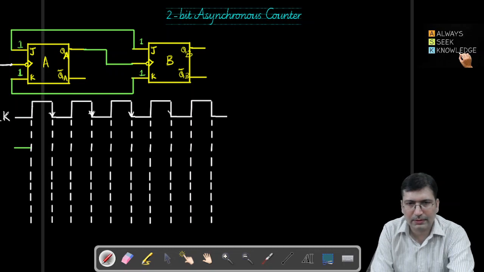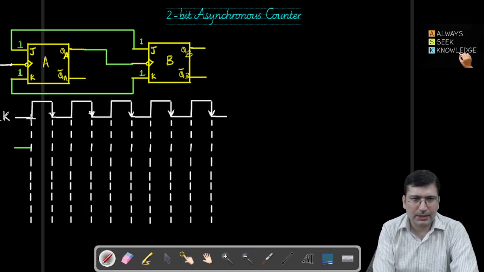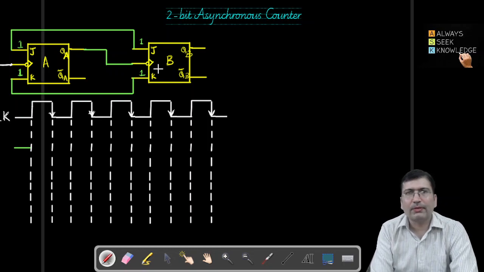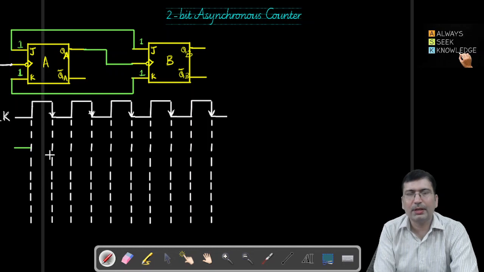This is also a negative edge. On these edges, the voltage is changing from low to high, so these will be positive edges, right? Because these two flip-flops are negative edge triggered, they start toggling whenever the negative edge is encountered.